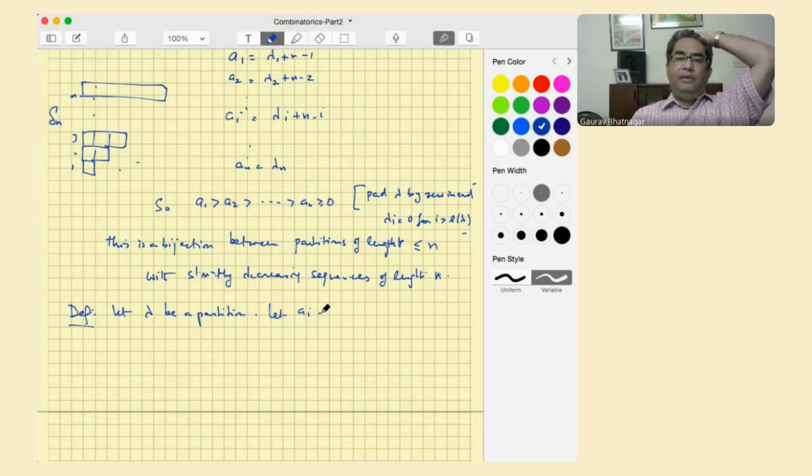Let a_i be equal to lambda_i plus n minus i for i equal to 1 to n.